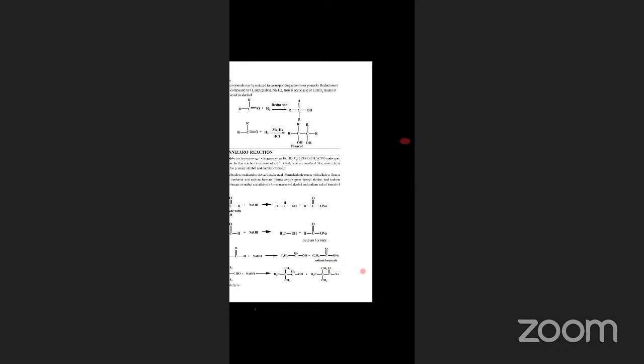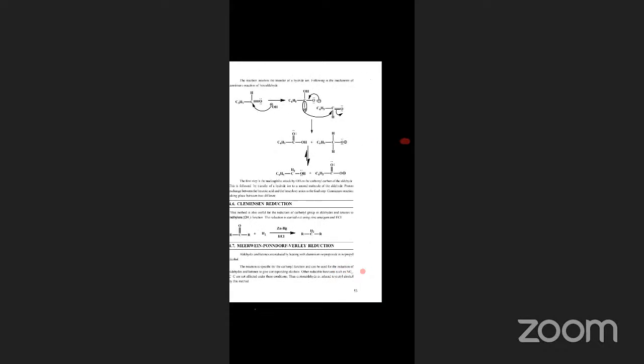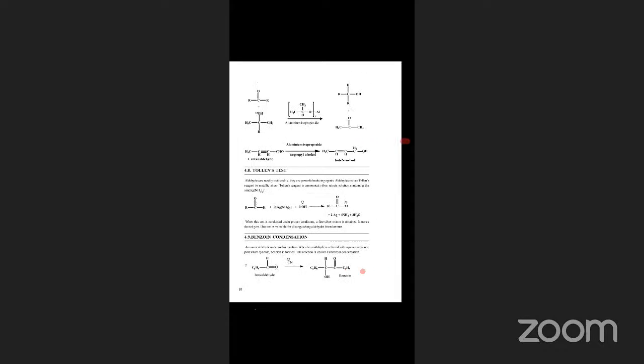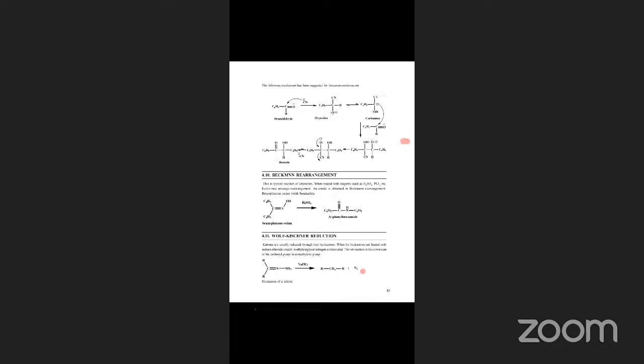The heading is addition of ammonia derivatives. First chemical property. Second one is Cannizzaro reaction, also a chemical property. Clemmensen reduction, also a chemical property. Etard, Tollens, benzoin, Beckmann, Wolff-Kishner, and Perkin and aldol. These are all chemical properties. You have to write any 3 or 4.